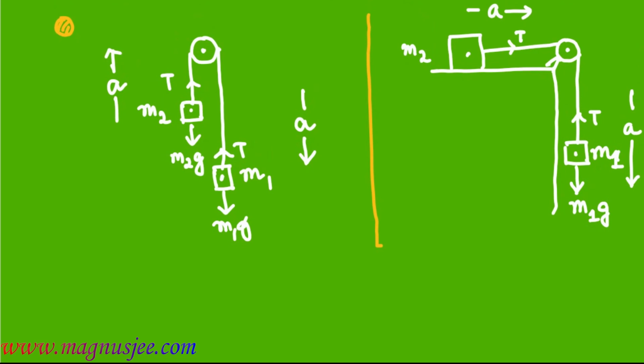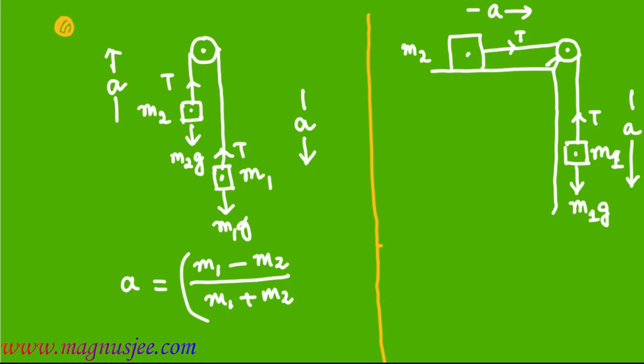Now, if we compare the expression of common acceleration of the two bodies for the left hand side and right hand side, we get what? What is the formula of acceleration? Acceleration a equals (m1 minus m2) divided by (m1 plus m2), into g. And here on the right hand side we have the formula. We have to memorize this formula also.